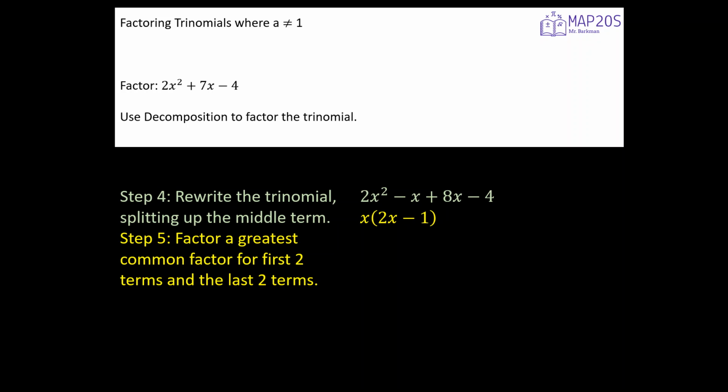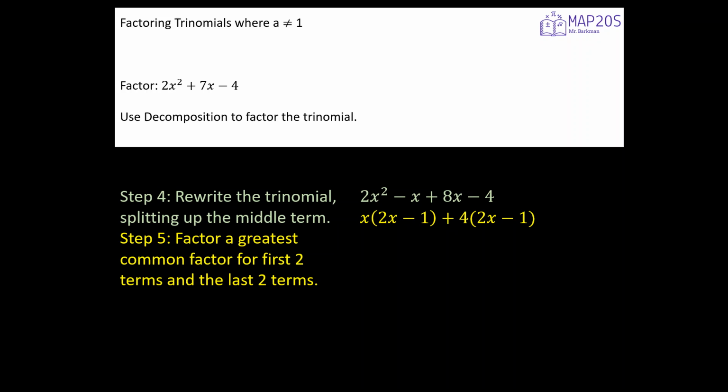And when we take an x out of -x, it becomes -1. Now, if you've followed along in previous lessons that I've done, you'll know that the second one should be exactly the same. And in this case, we're going to divide both of them by 4. Our greatest common factor is 4. And we're going to get 2x minus 1 again. So when we divide 8x by 4, we get 2x. And when we divide -4 by 4, we get -1.